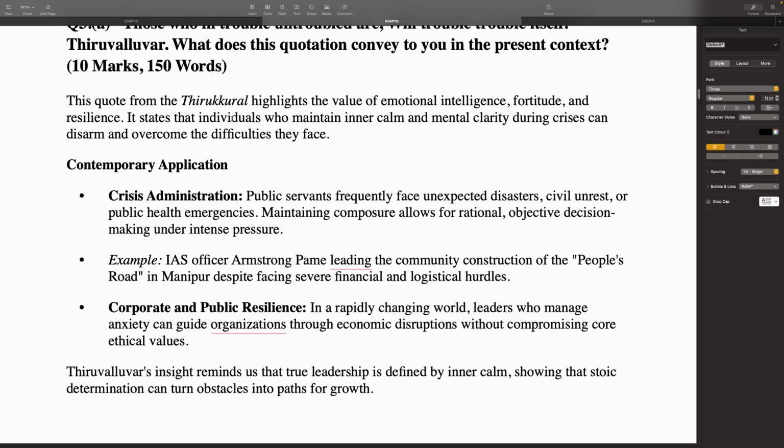In a rapidly changing world, leaders who manage anxiety can guide organizations through economic disruptions without compromising core ethical values. Thiruvalluvar's insight reminds us that true leadership is defined by inner calm, showing that stoic determination can turn obstacles into paths for growth.